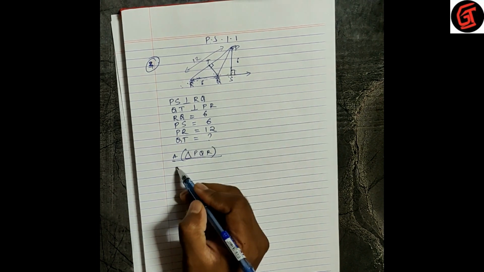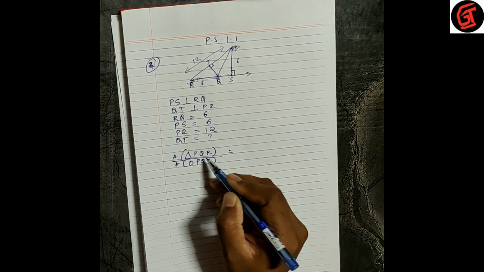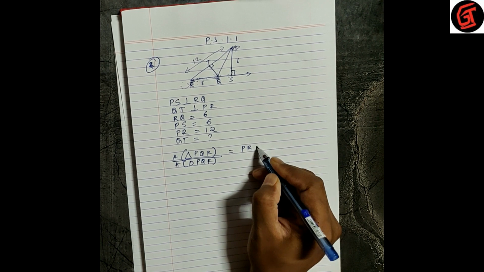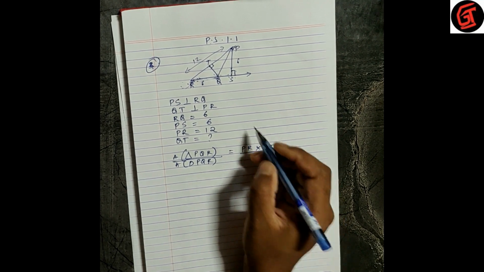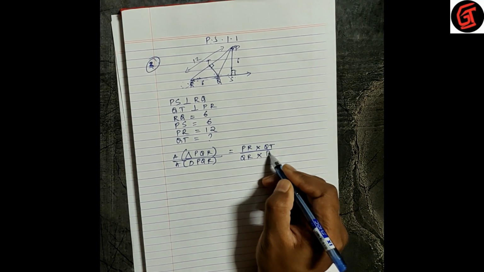So here if you see the same triangle PQR, I am writing again because I can interpret it in two ways. First is base into height, that is PR base into height QT, and down again base into height, that is QR base into height PS.